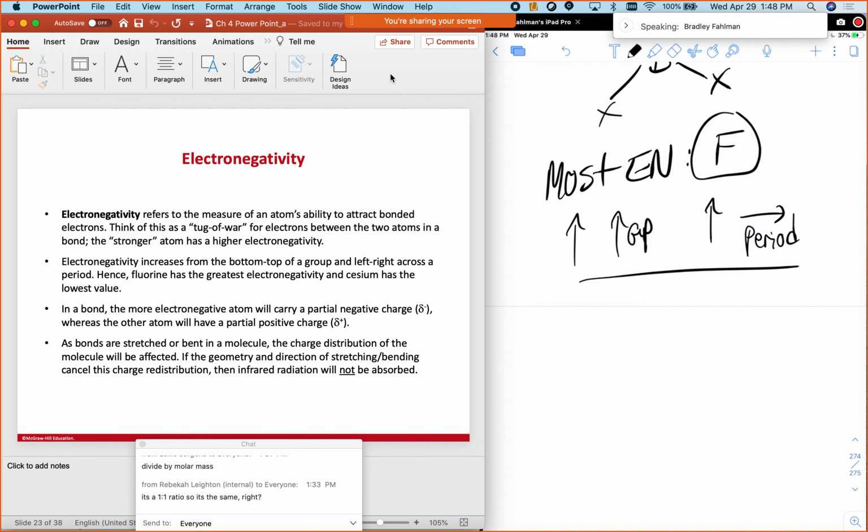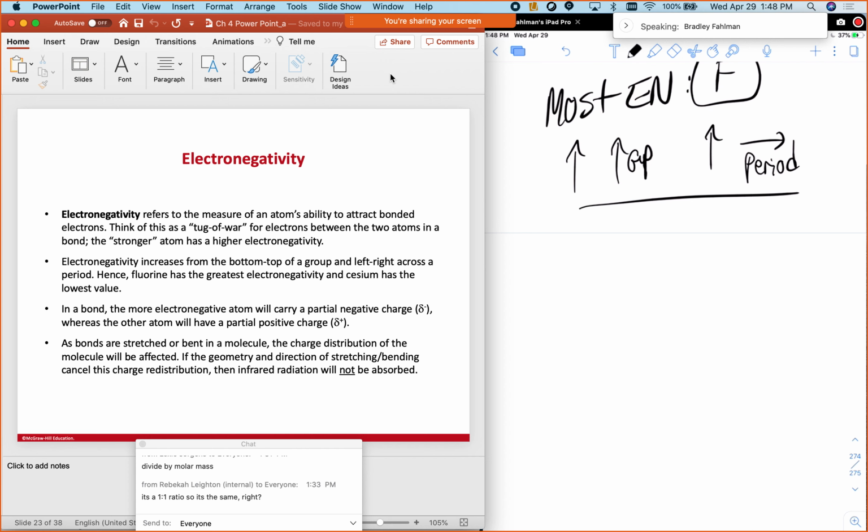And then, to piggyback on that, from chapter 5 and chapter 8, when we were talking about intermolecular forces, is where we looked at electronegativity in individual molecules and then decided whether a molecule was polar or nonpolar.